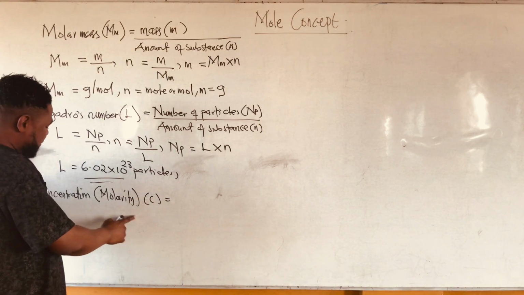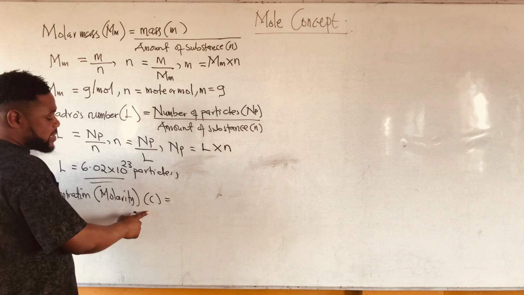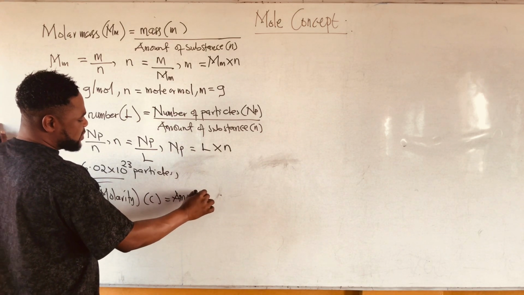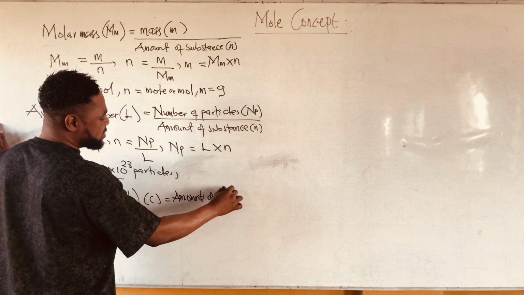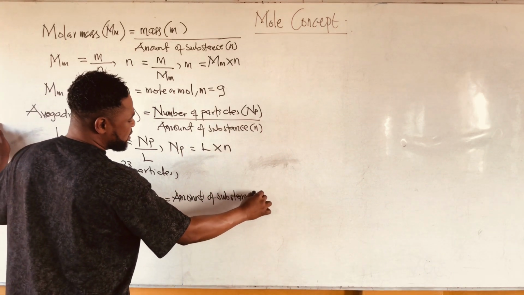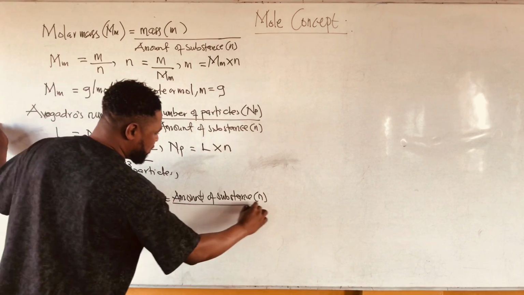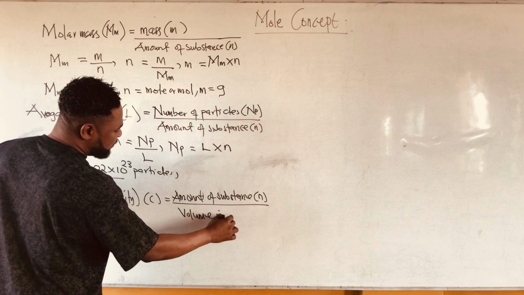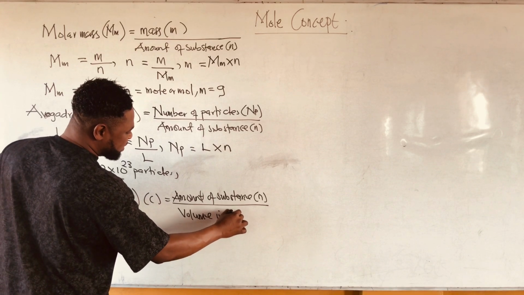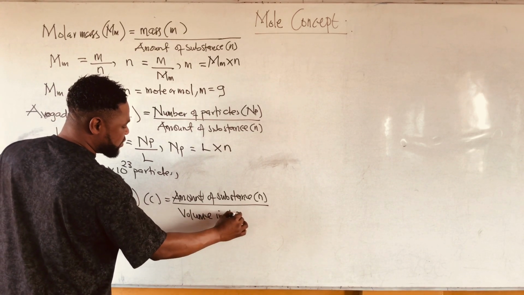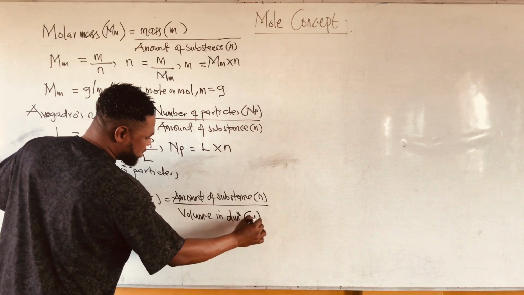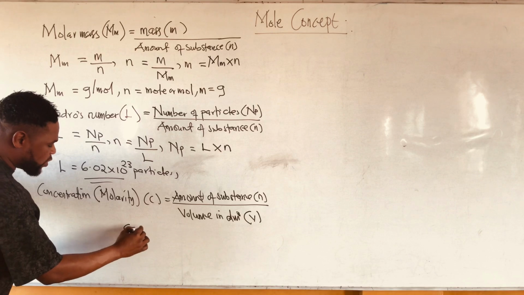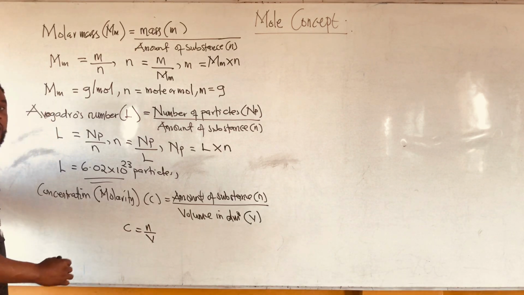Mathematically, concentration or molarity is equal to amount of substance, N, all over volume, and our volume must be in dm cube, decimeter cube. The symbol is V. So C is equal to N over V.